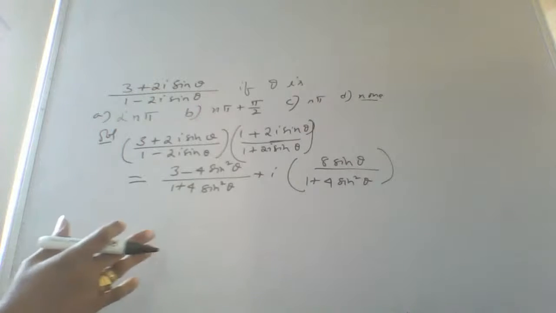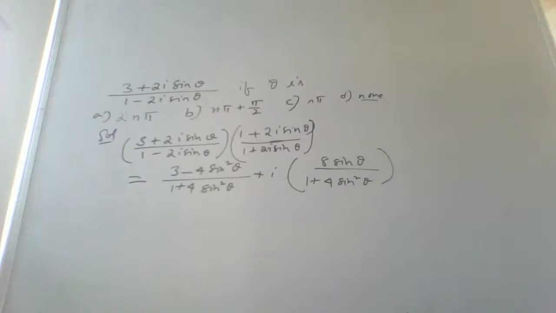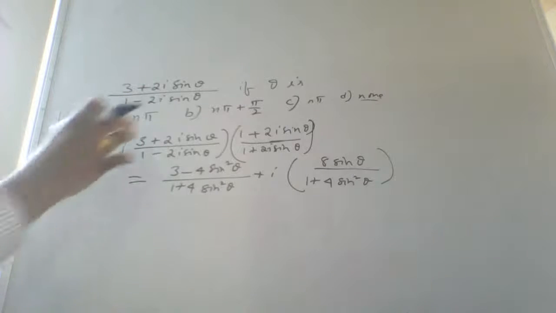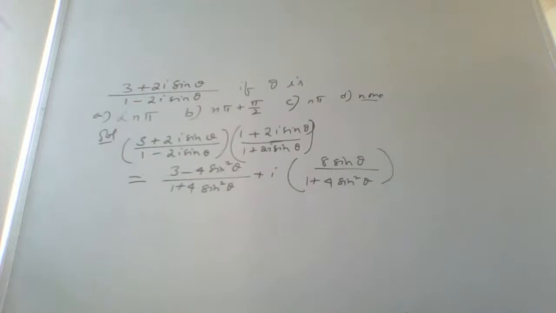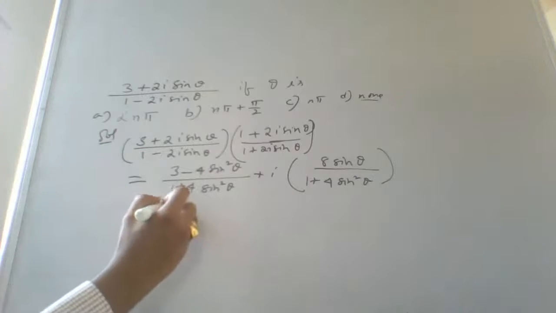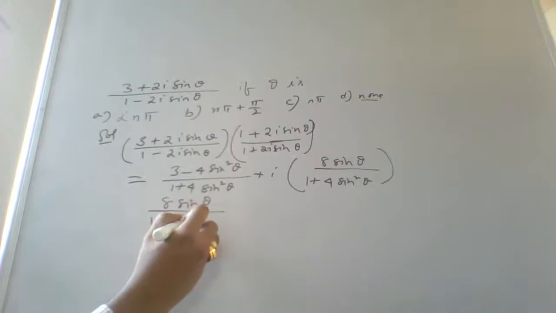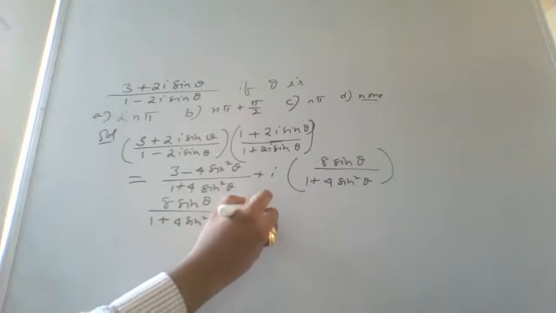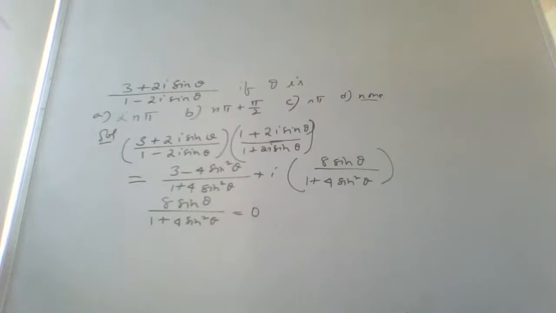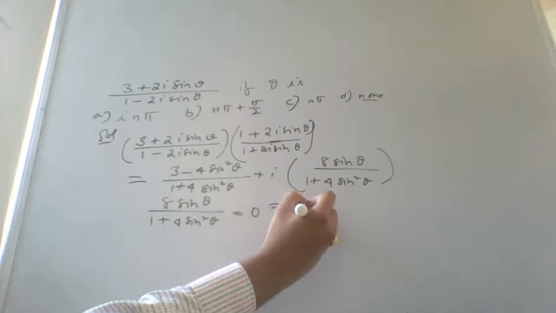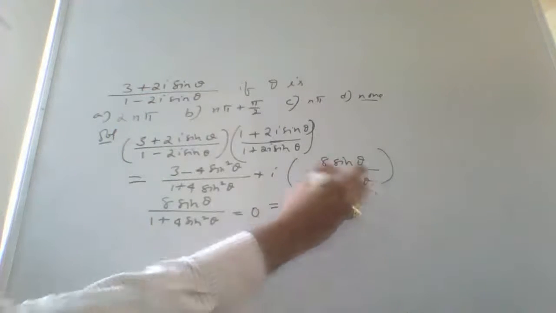Now, since this is real, I can equate 8 sine theta by (1 plus 4 sine square theta) equal to 0. You can consider that. So this implies sine theta is 0.